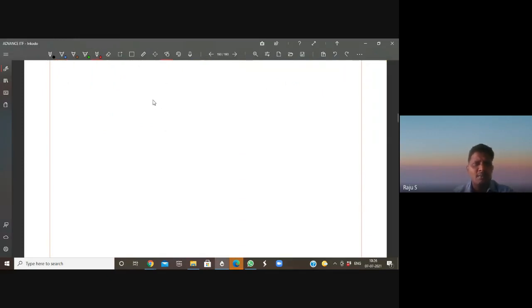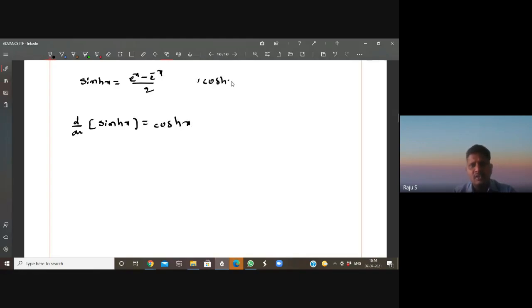Coming to hyperbolic functions: sin hx value is e power x minus e power minus x by 2. Then what is d by dx of sin hx? It will clearly be cos hx. In the same way, cos hx value is e power x plus e power minus x by 2. Everyone should remember.